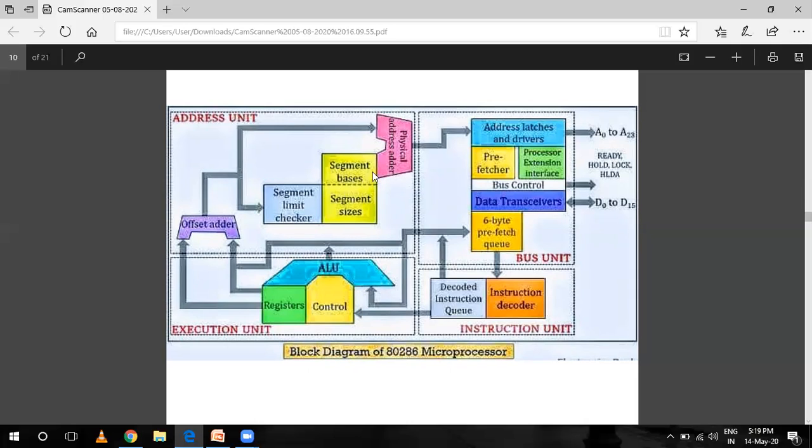See, this is the physical address calculation block. The calculated address is loaded on the address bus of the bus unit via these pins, that is A0 to A23. These are the address latches and drivers.